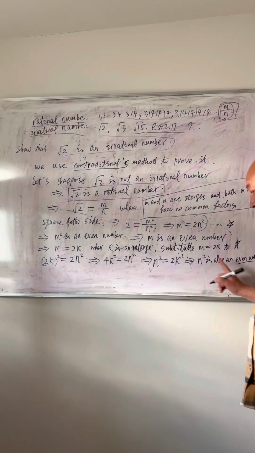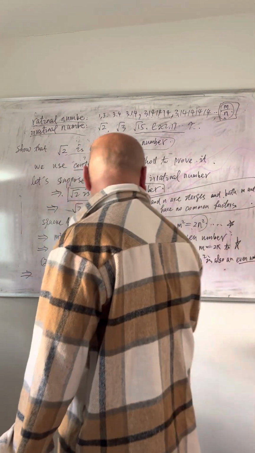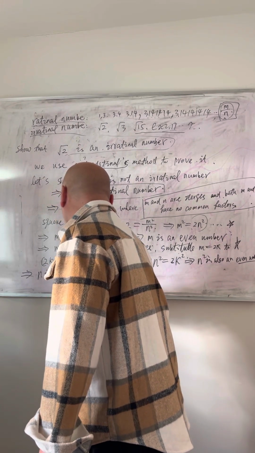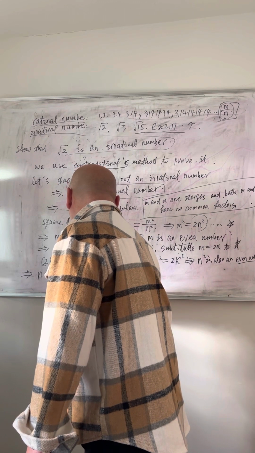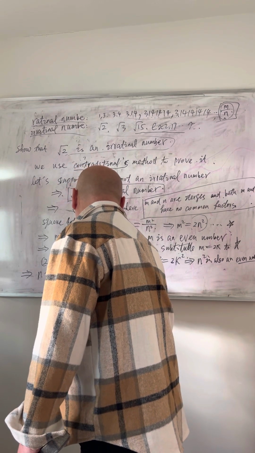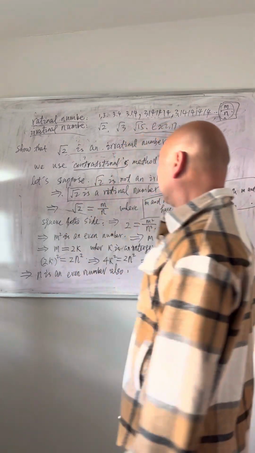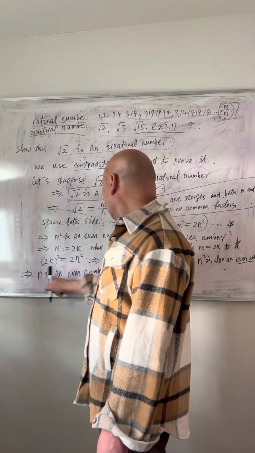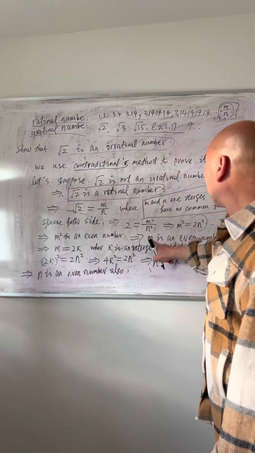One integer whose square is even must be even, so we know n is an even number. n is an even number, m is an even number.